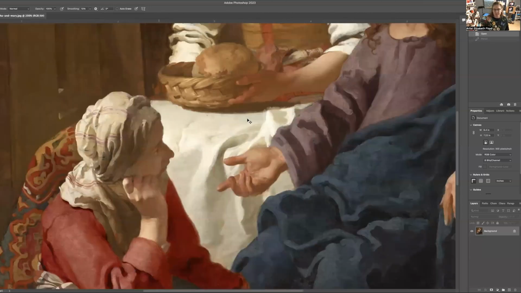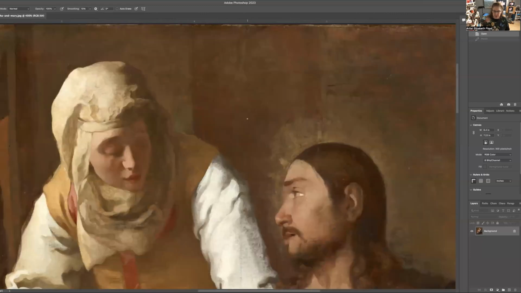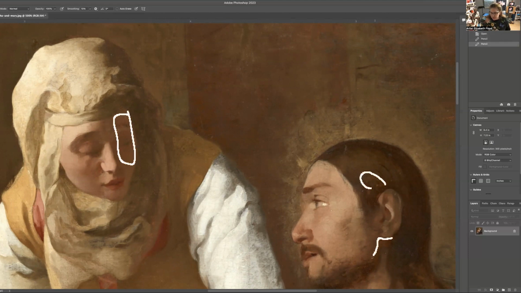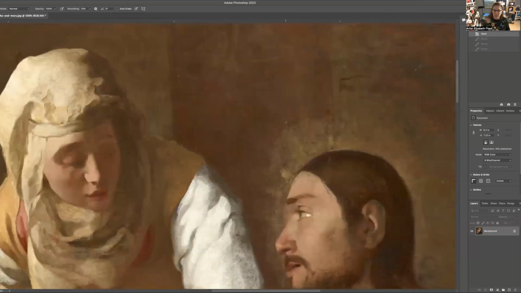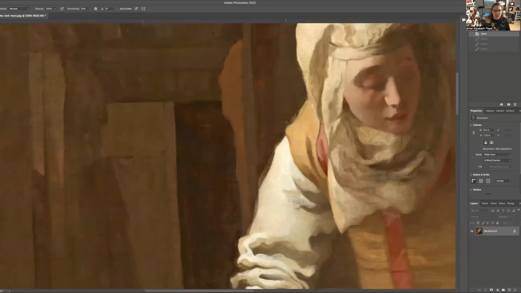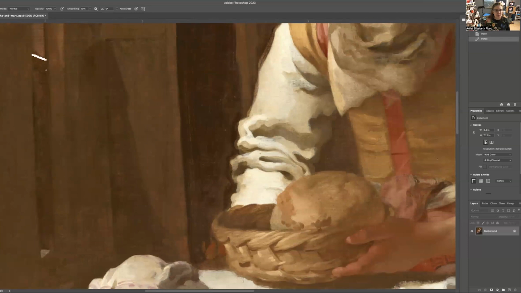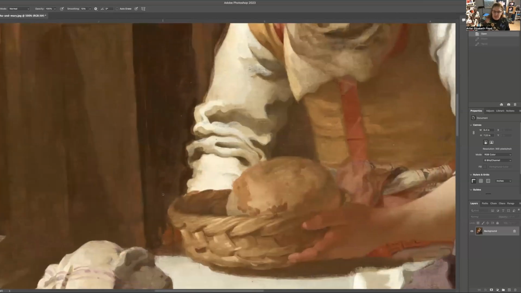Let's look here. If we zoom in, some of that red earth underpainting, the tone, is still seen in certain areas, like right there, where Vermeer only glazed on top of it slightly. So you can see a lot of the underpainting that he used to set up this painting, and it's big.